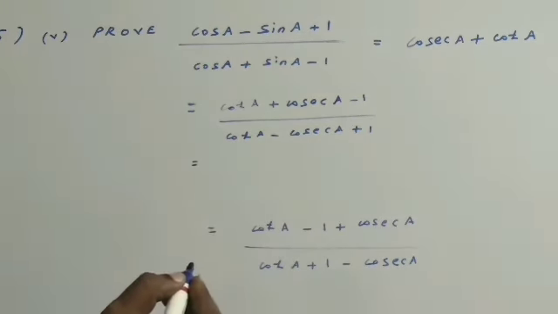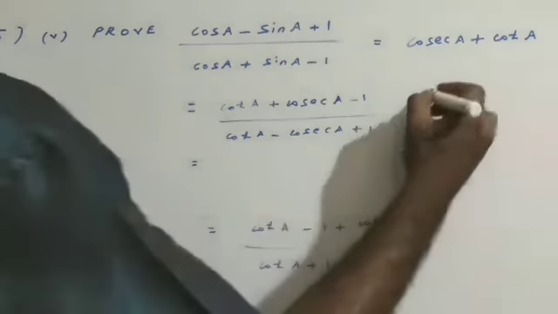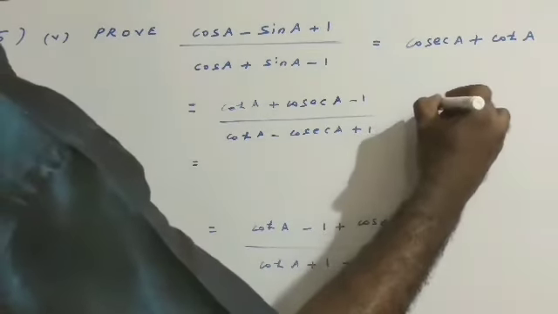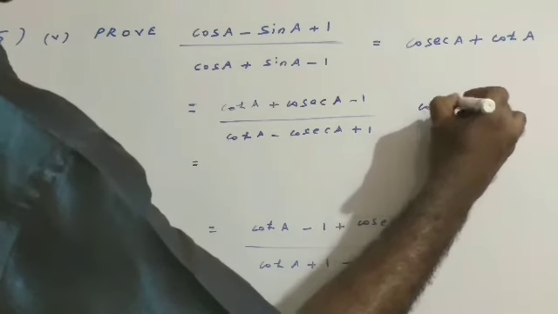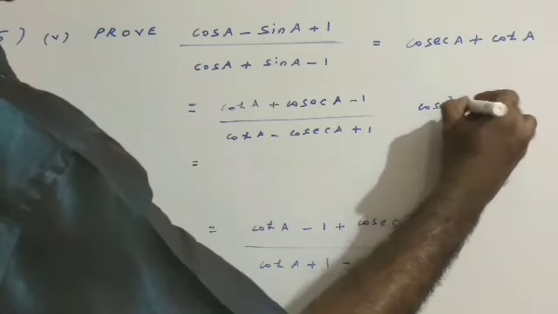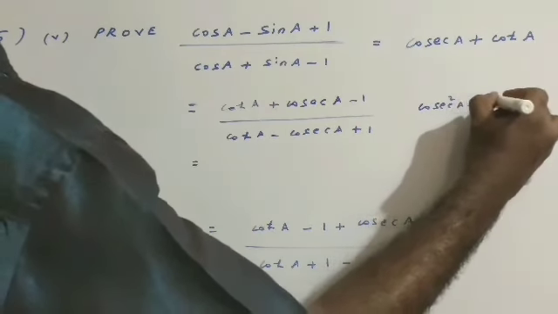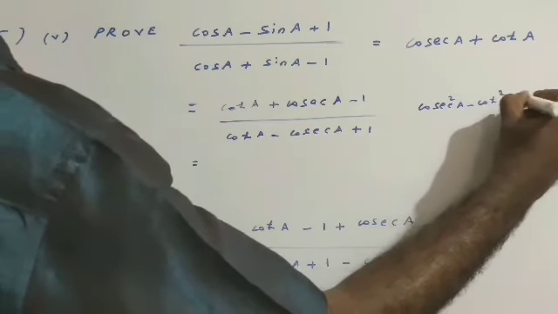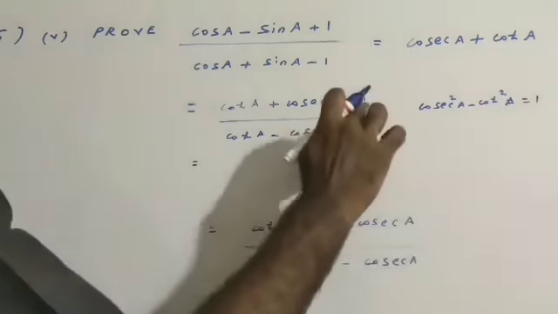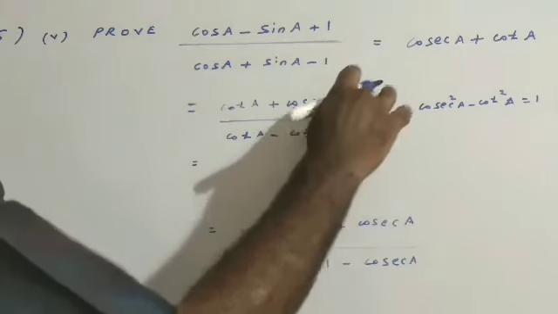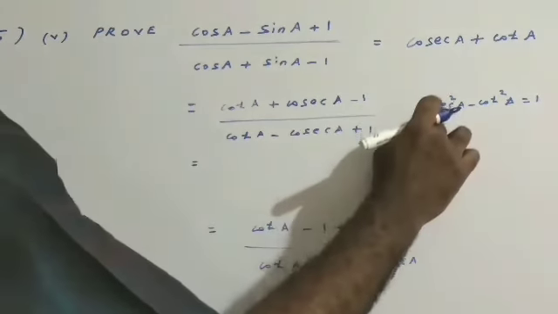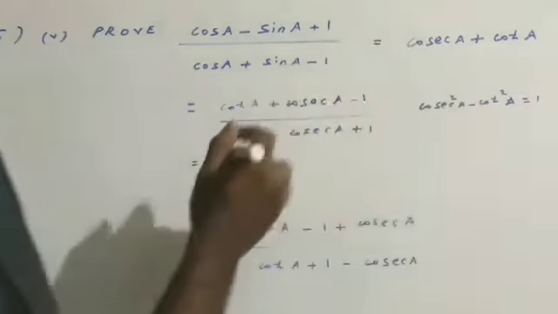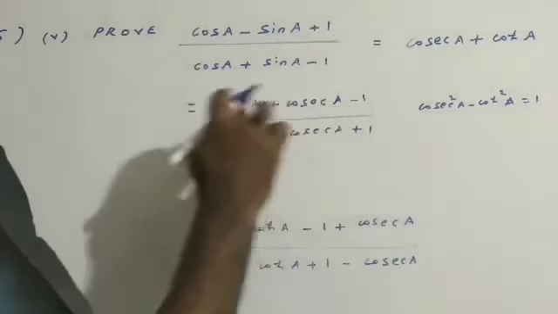Given that cosecant square A equals 1 plus cot square A, we know that cosecant square A minus cot square A equals 1. So instead of 1, just put cosecant square A minus cot square A, because cosecant and cot terms are coming here.